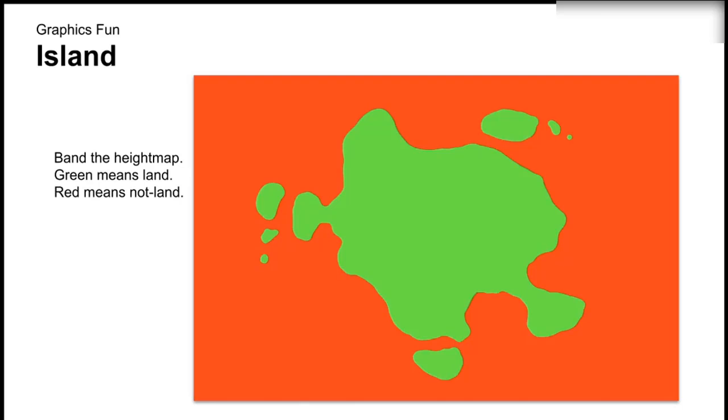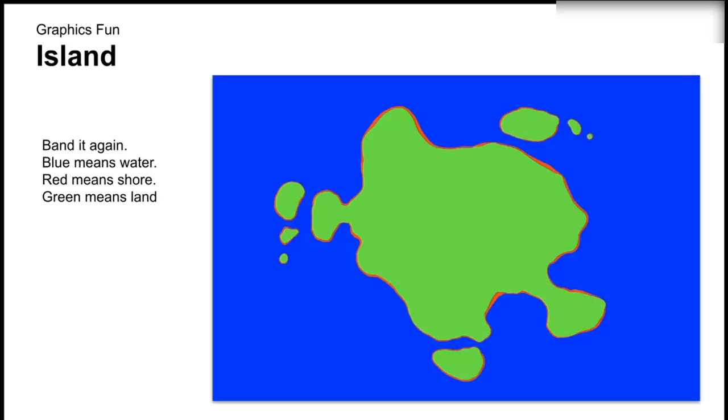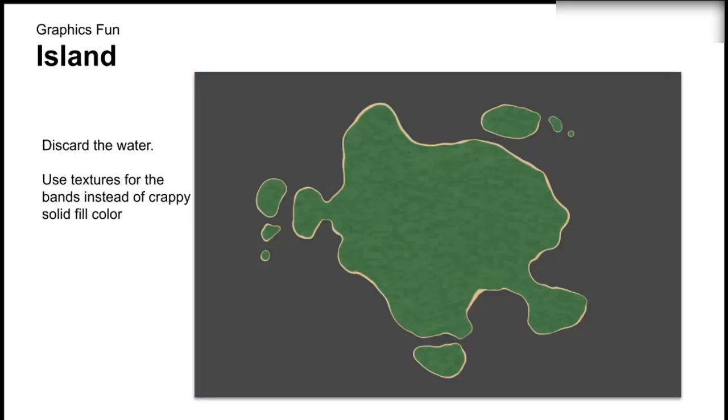And then band the height map. So in this case, some threshold has been decided such that green is land and red is not land. And then band it again so that you have green is land, red is some sort of shore, and blue is water. And we're going to discard the blue because we're going to inherit the background from the whole scene. So the blue goes away.